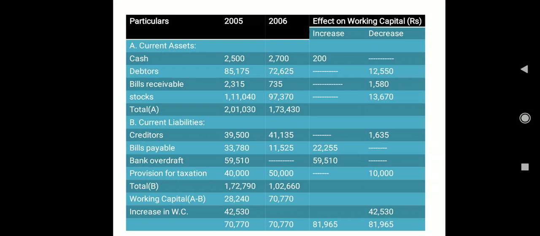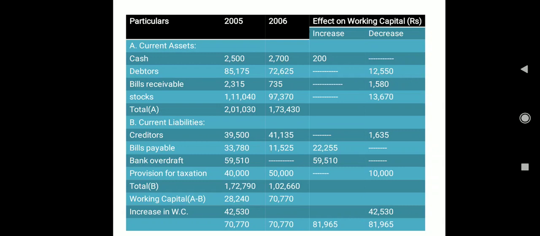When we take the difference, we again get an increase in working capital of 42,530. As I told you in the last class, the amount of increase or decrease in working capital in your year columns must be the same as in your increase and decrease columns. And then finally make the total. So this is the solution of today's problem.